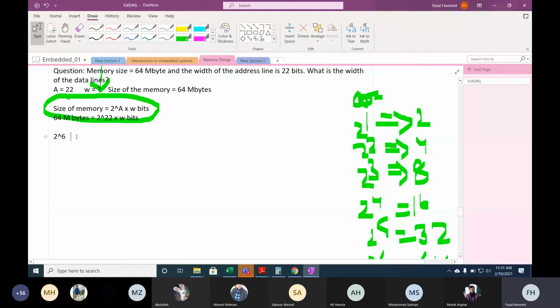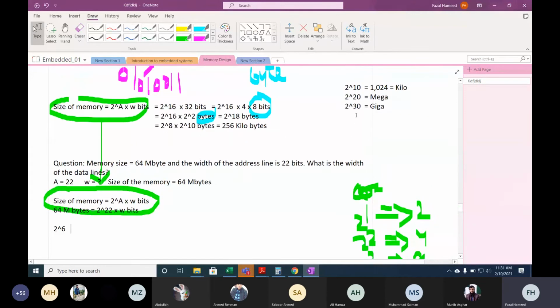2 to the power 6 mega. What is mega? 2 to the power 20. And what is byte? 2 raised to power 3 bits. How many bits? 2 to the power 3.